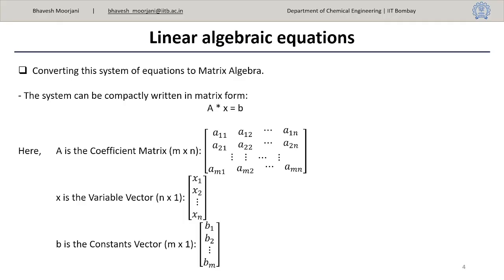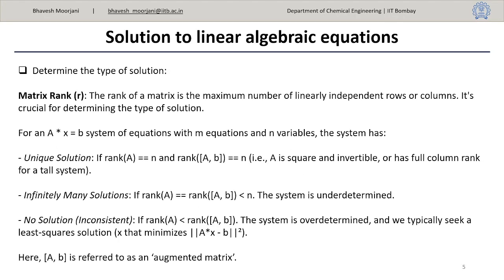But if the matrix size is bigger, maybe 4 cross 4, 5 cross 5, then the hand calculation becomes much more difficult, right? In that case, you cannot use hand calculation. You have to rely on some sort of simulator or software to solve these equations. That's where we will use the programming part to solve these equations.